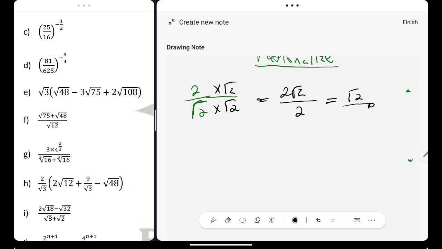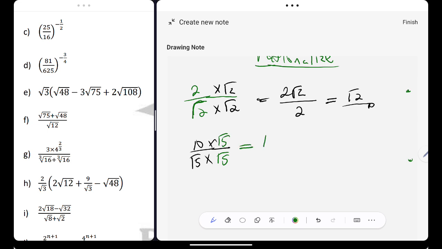Another one, if I have 10 over root 5, still do the same thing. I don't want to have a surd on the denominator as my final answer. That means I must rationalize my denominator. Rationalizing a number in simple terms is just removing the surd at the denominator. All together. So I'll just multiply the top and bottom by the square root of 5.